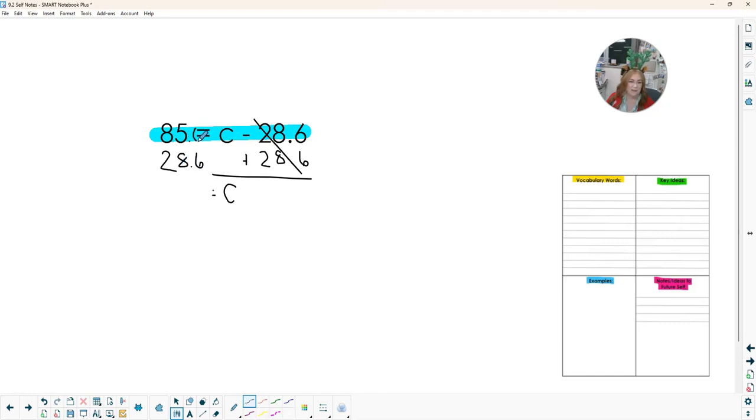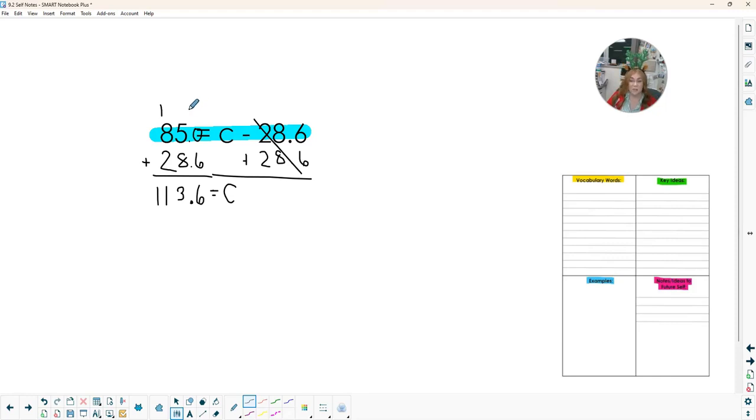This is 85.0. So here is 0 plus, we're adding 0 plus 6 is 6, decimals straight down. 5 plus 8 is 13. 10 plus 1 is 11. 113.6 is c. So if I have about 110 and I take about 30 away, my answer should be close to 80. So that makes sense.